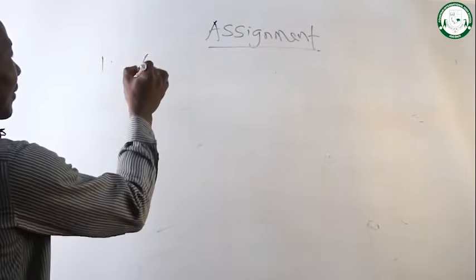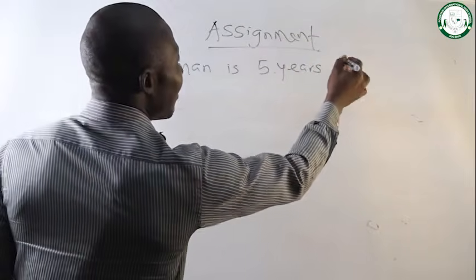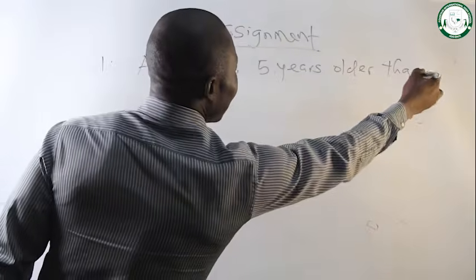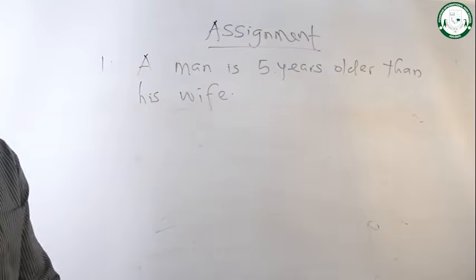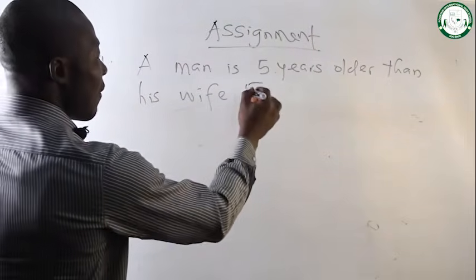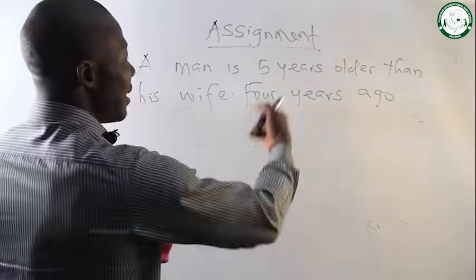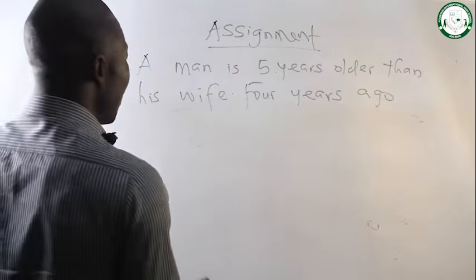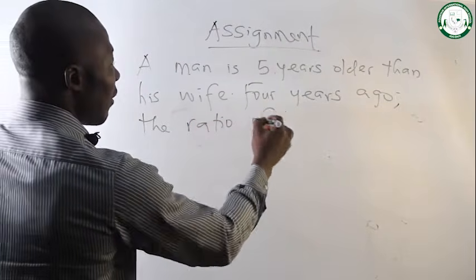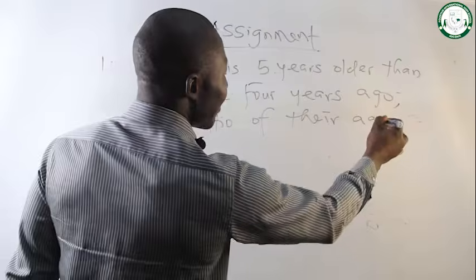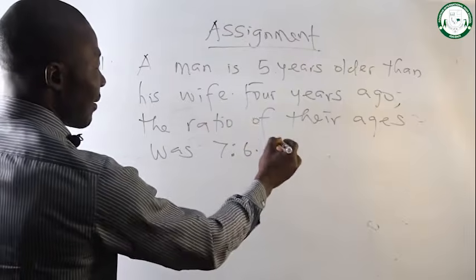And the question says, a man is 5 years older than his wife. 4 years ago, I told us last time, either years to come or ago, 4 years ago, the ratio of their ages was 7:6.